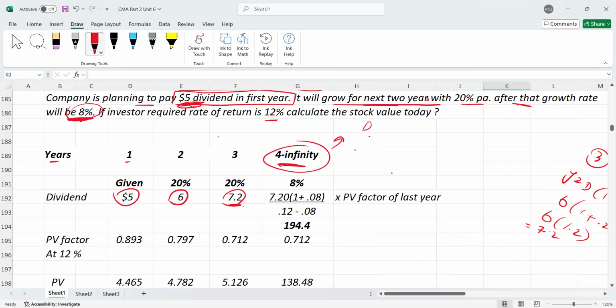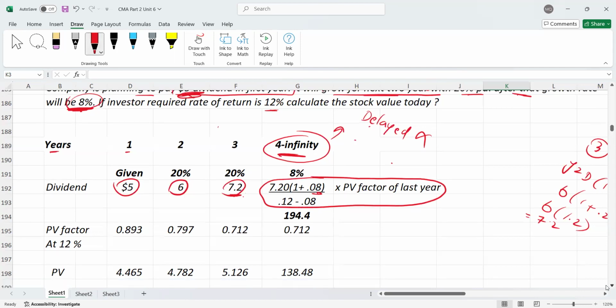This is called delayed perpetuity, delayed infinity, right? Because from year 4, the dividend will grow at the 8% rate. So now you will apply the delayed perpetuity formula, the formula to calculate the present value of a delayed perpetuity. What's the formula? I'm writing it here.